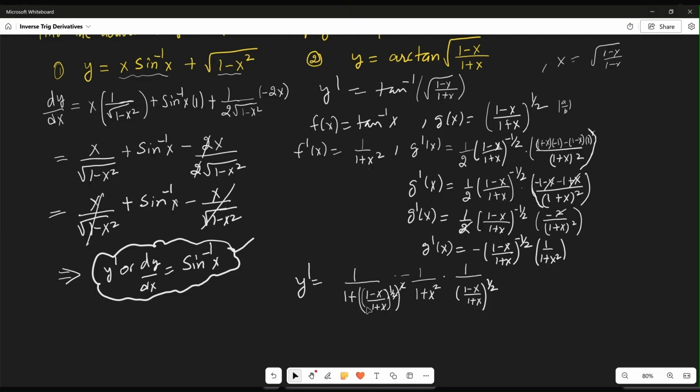And if we simplify, let's just simplify this one on side here because it's taking up space now. So we have 1 over 1 plus, because the powers cancel out, so we have 1 minus x divided by 1 plus x. So minus x cancels out, so we have 2 over 1 plus x for this one.